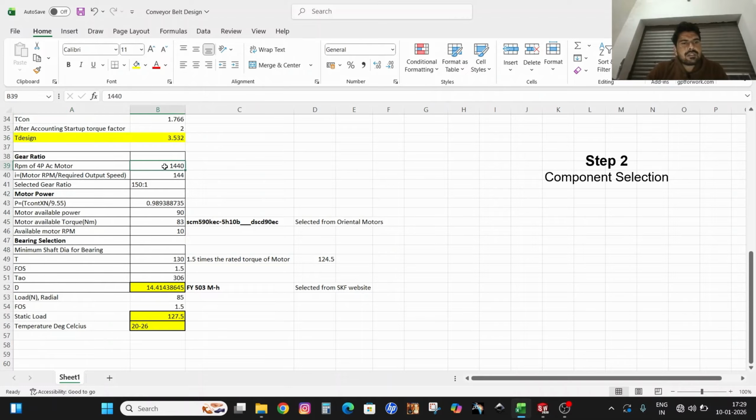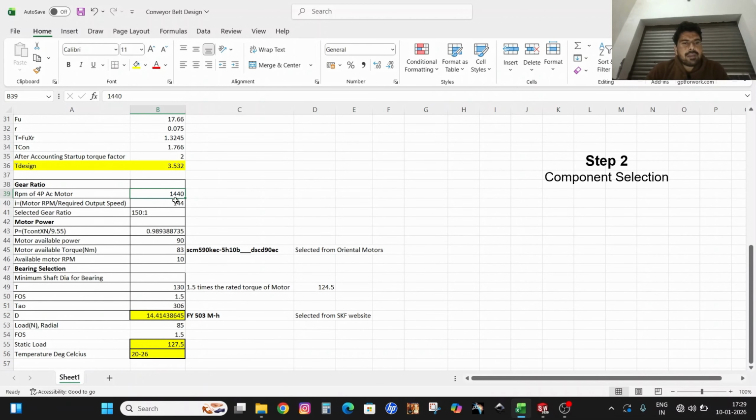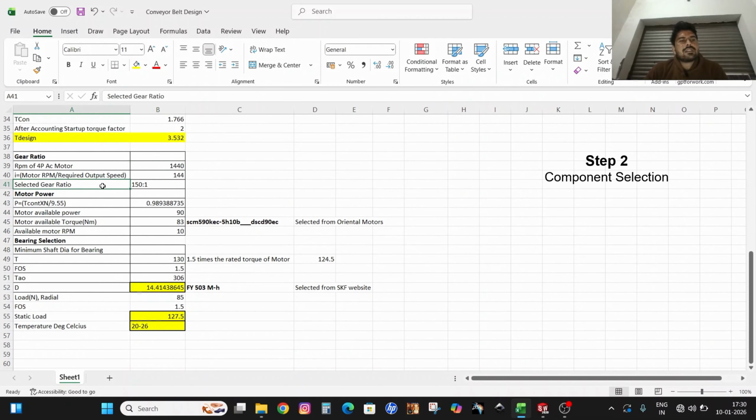The common value is 1440 rpm, and i is the gear ratio. It will be motor rpm divided by required output speed. Motor rpm is 1440, required rpm is 10, so 1440 divided by 10 is 144. So the selected gear ratio will be 150 to 1.